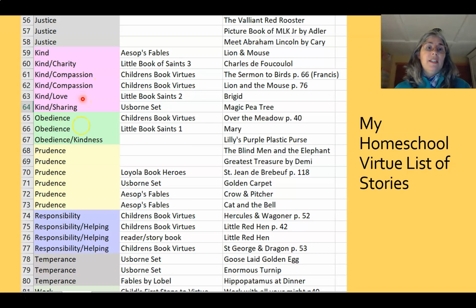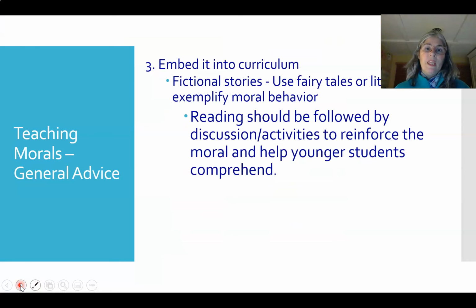And you can see over here in this column, I've written all the various virtues that we plan on focusing on. Here are, oh, you waving hi? Here are the list of books where I can find where these stories are, and here are some of the stories. Now, granted, this is just a short snippet of my Excel spreadsheet, but you can see how there are so many different stories that you can connect to different virtues.